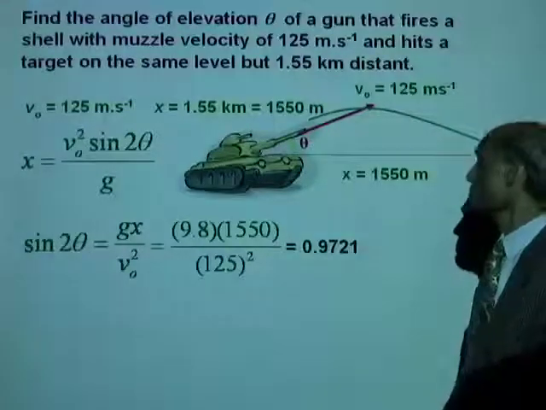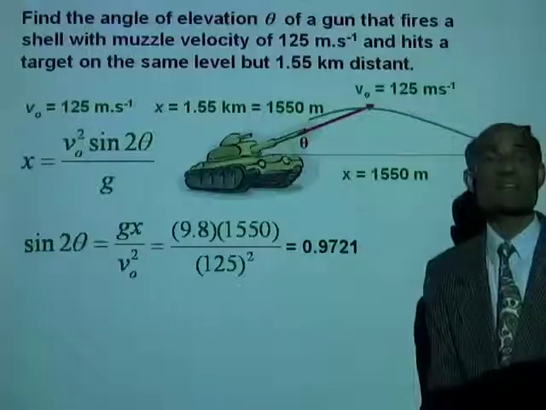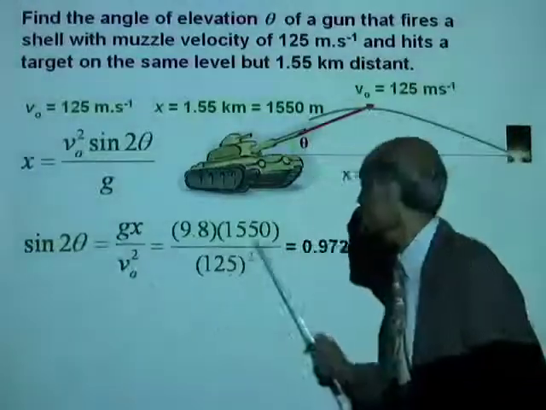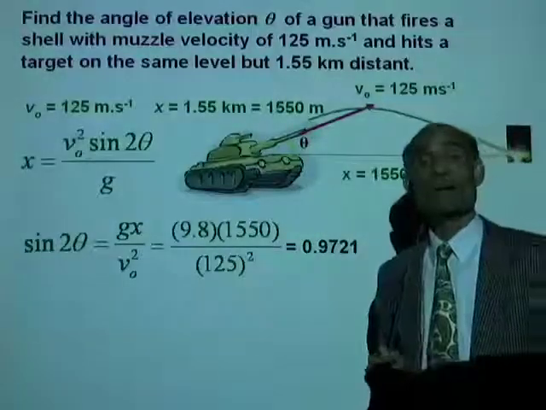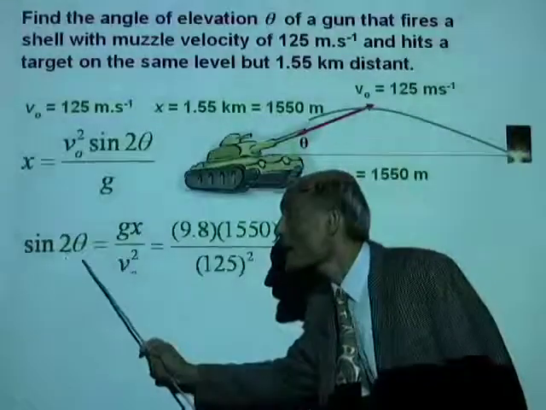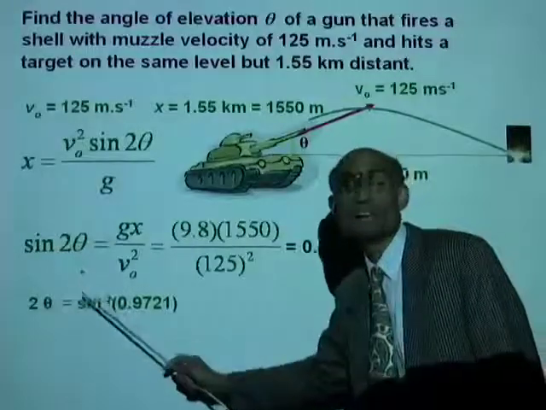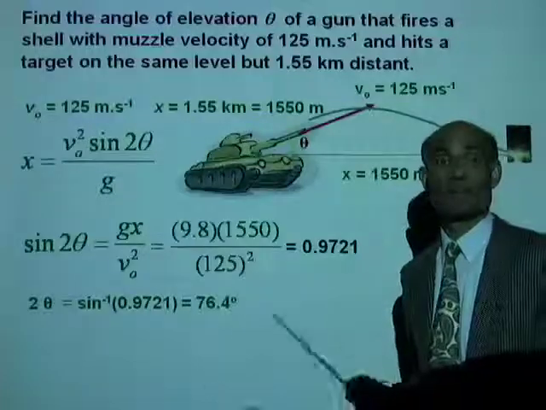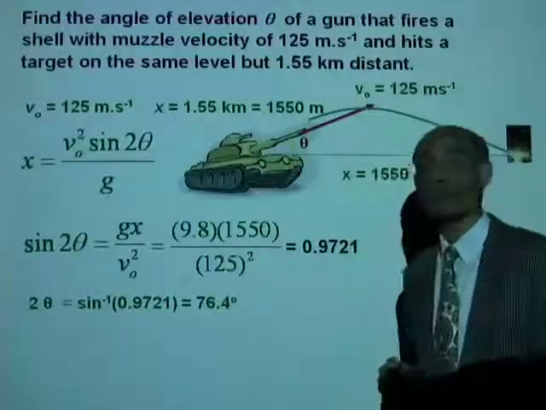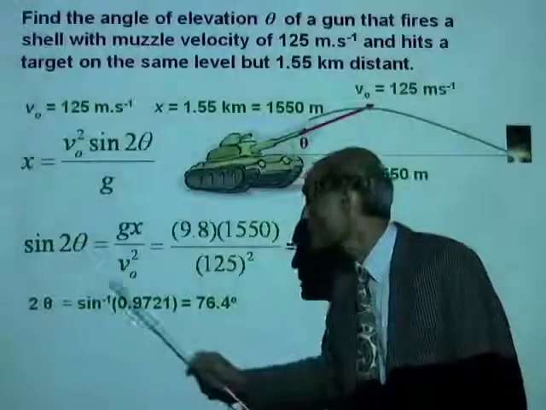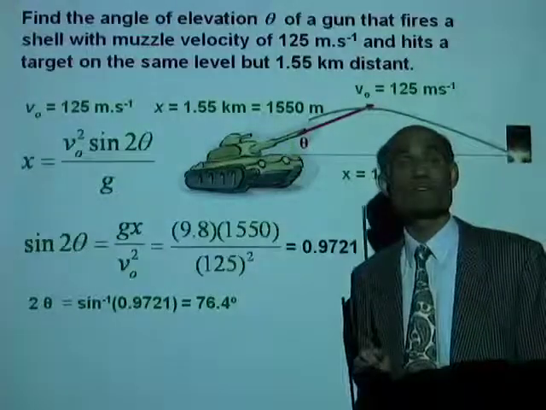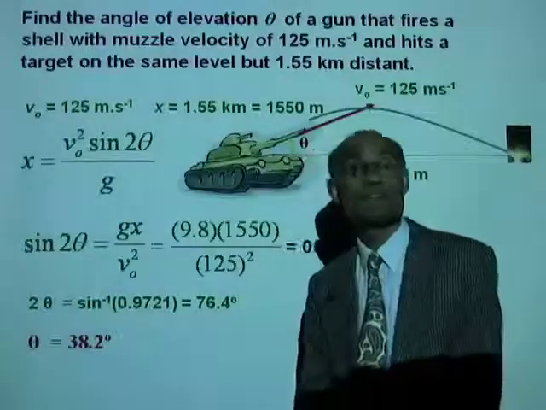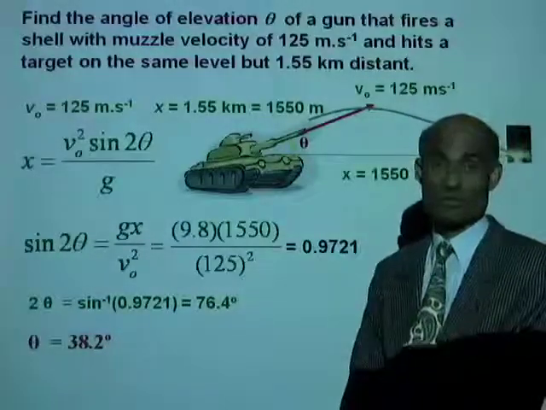Therefore, sine of 2 theta equal to 0.9721. If sine of 2 theta is 0.9721, what is the value of 2 theta? 2 theta is sine inverse of 0.9721, and that will be 76.4 degrees. If 2 theta equal to 76.4 degrees, what is the value of theta? Theta is 38.2 degrees.